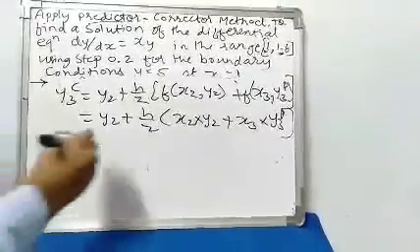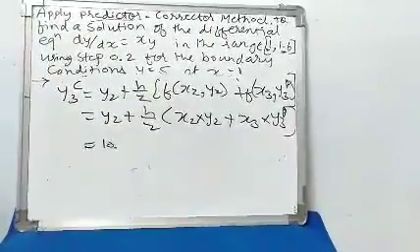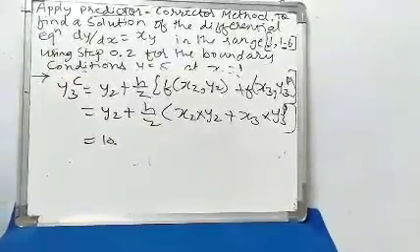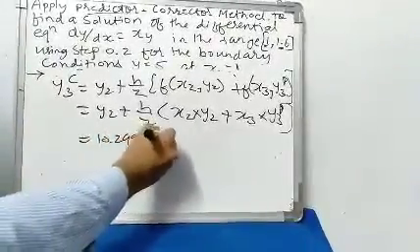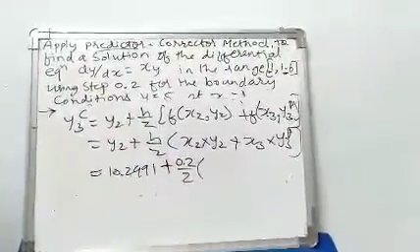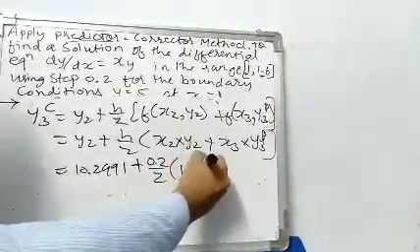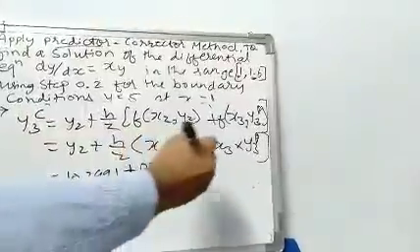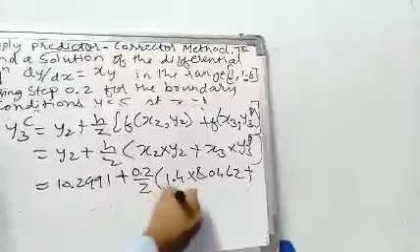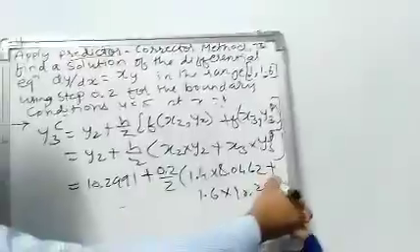Replace all these values: y2 is 8.0462 plus 0.2 by 2 into 1.4 into 8.0462 plus 1.6 into 10.2991.